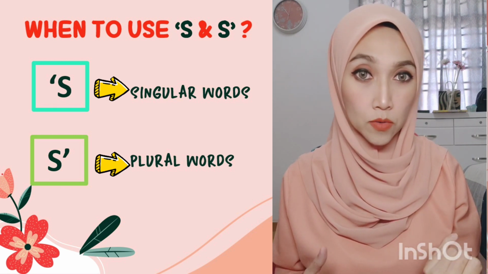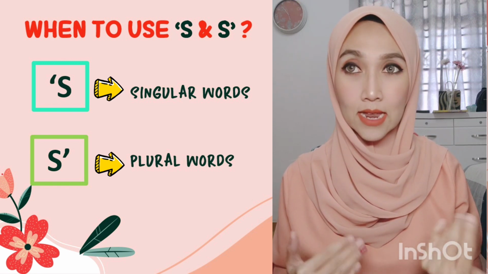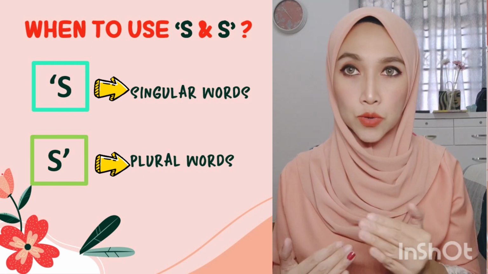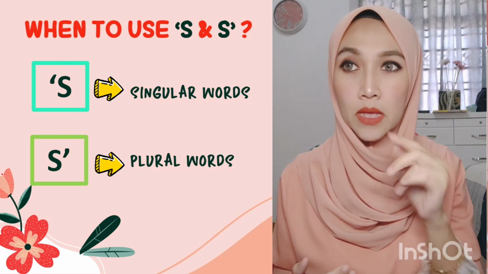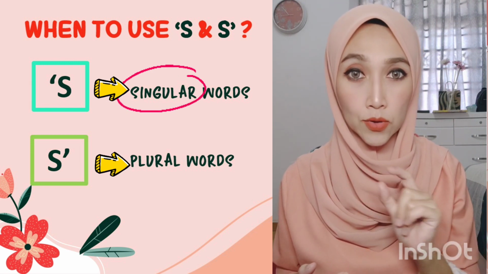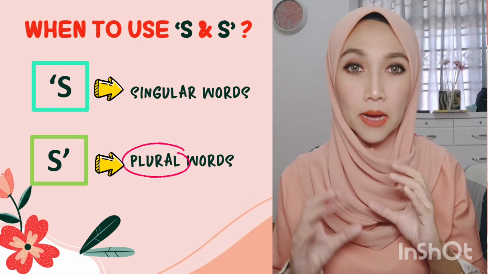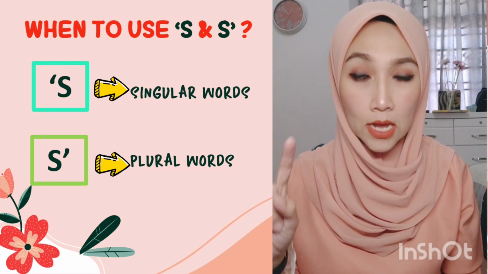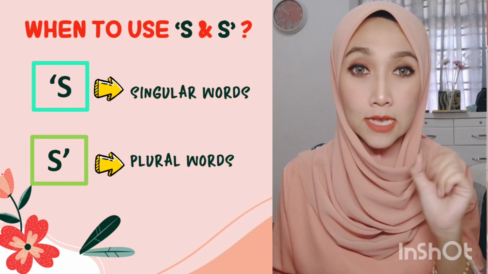Now, here we see when to use it. Just now I've told you what is possessive apostrophe, right? Now how to use and where to use. When to use apostrophe S and S apostrophe. Apostrophe S, singular words. S apostrophe, plural words. Bear in mind, just remember that we use apostrophe S, comma S, for singular nouns.